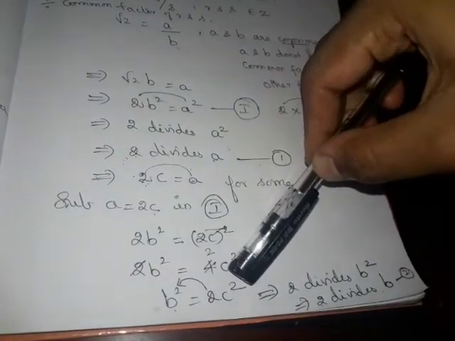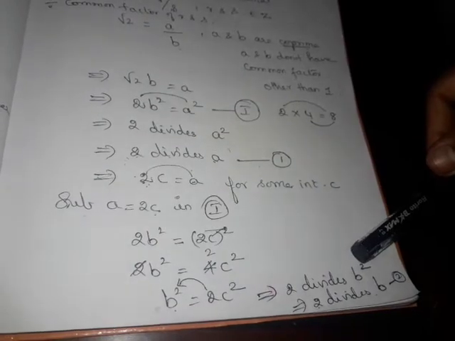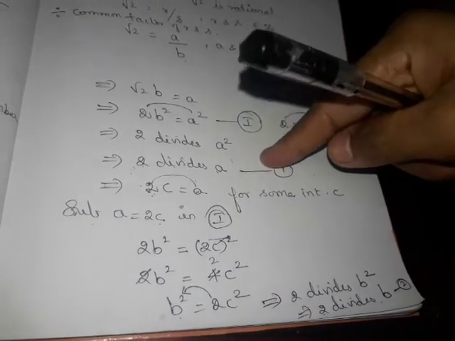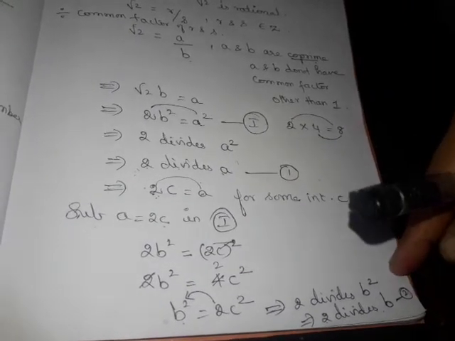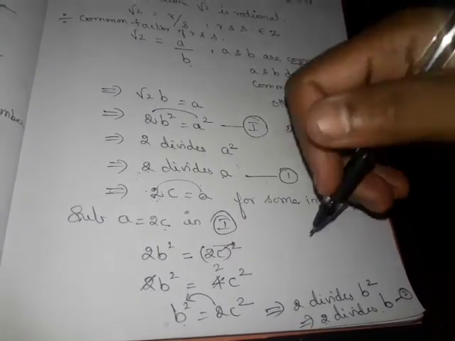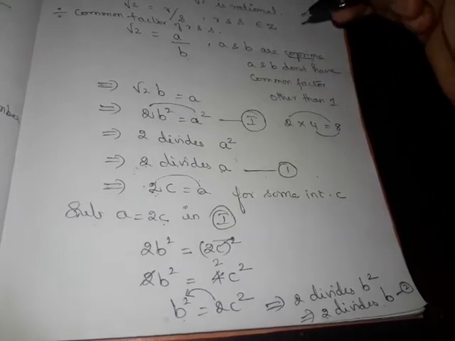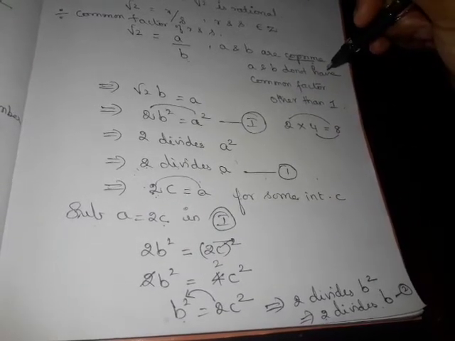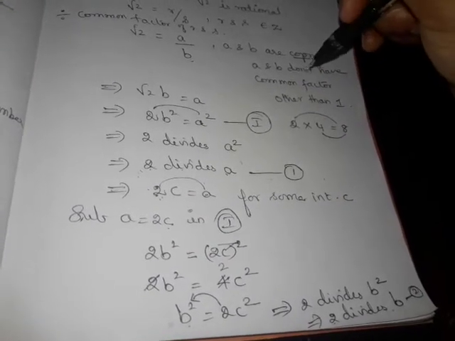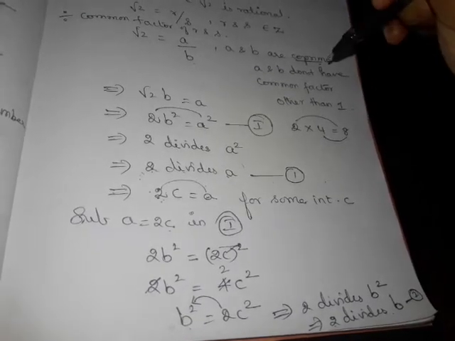This statement again implies 2 divides b square, right? So 2 divides b. Now we got 2 divides a as well as 2 divides b, which implies 2 is a common factor of a and b, but a and b are co-prime numbers, and hence this is a contradiction. Why does this contradiction arise?